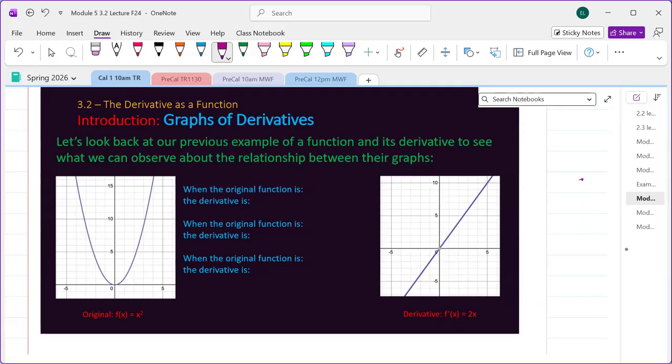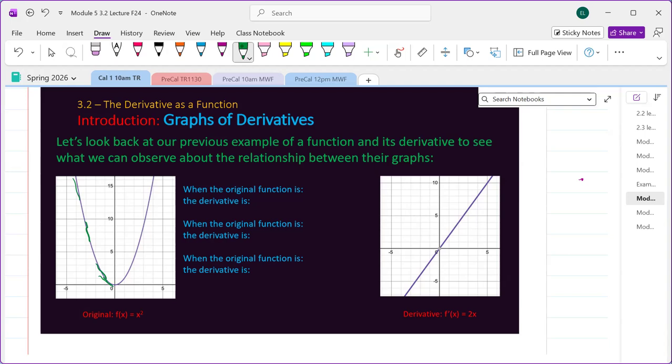So when I look at my function here, what is my tangent line doing at first? As I start moving from the left edge of the graph, what are these tangent lines? They're decreasing.